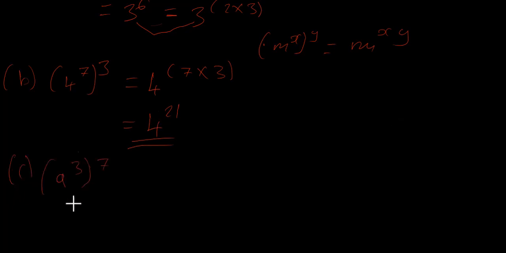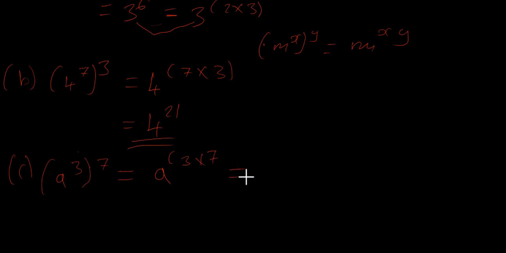So another question, question C says open bracket a to the power 3 close raised to the power 7. So we're going to apply the same principle to this particular question as well. So we are saying a to the power open bracket 3 multiplied by 7.